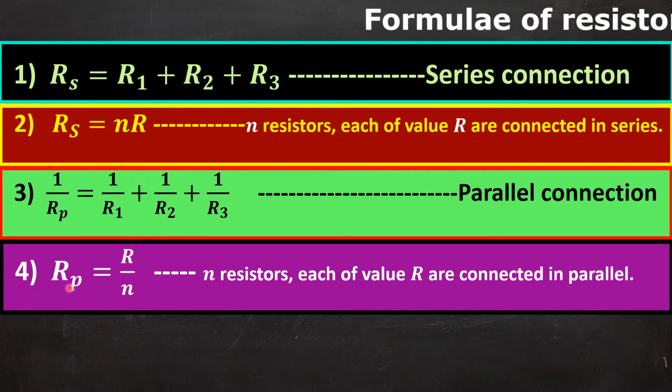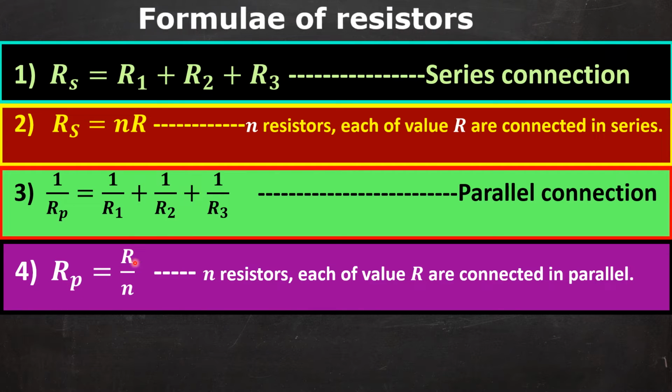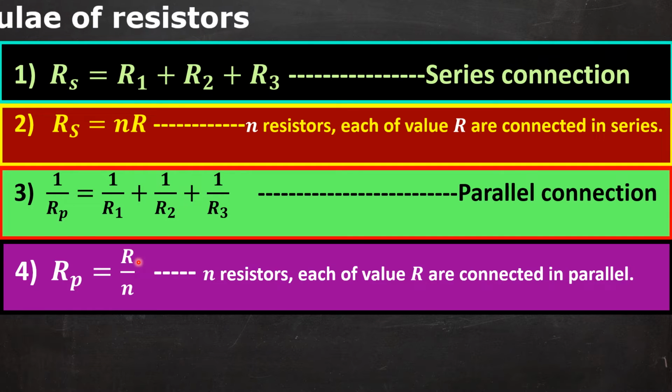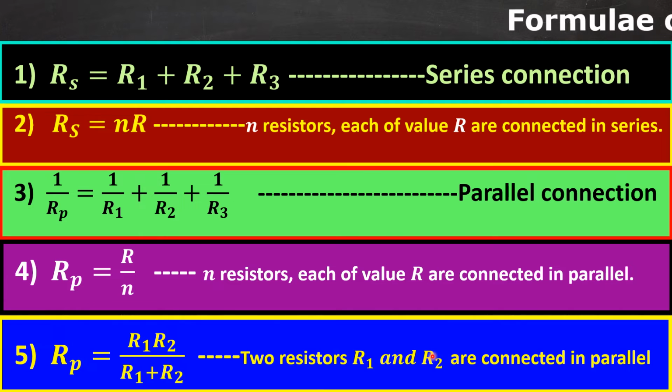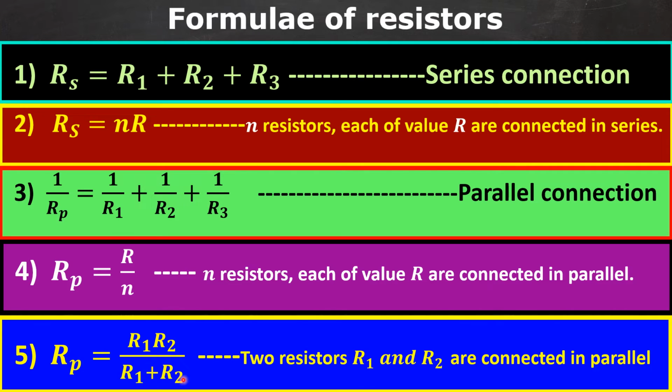Here Rp indicates equivalent resistance in parallel connection, R is the resistance of each resistor and n is the number of resistors. And just now we have seen Rp is equal to R1 R2 by R1 plus R2.